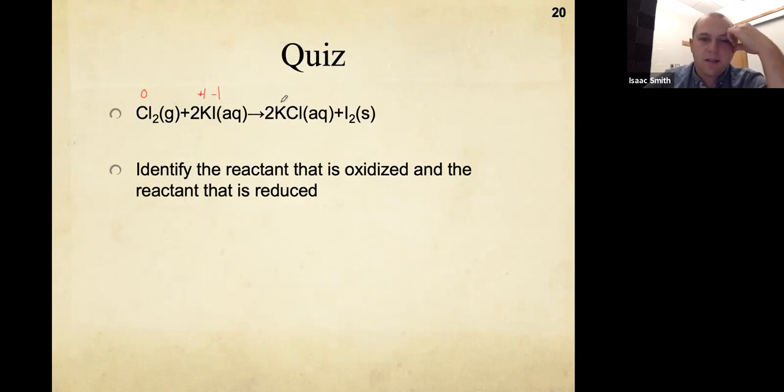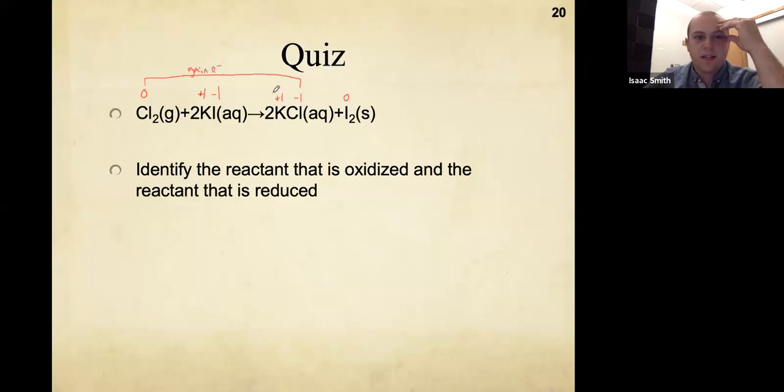If we look on the right, the potassium has a +1 charge, the chloride has a negative charge, and the iodine, since it's by itself, would have a 0. So chlorine goes from 0 to -1. In order to go from 0 to -1, it needs to gain electrons.